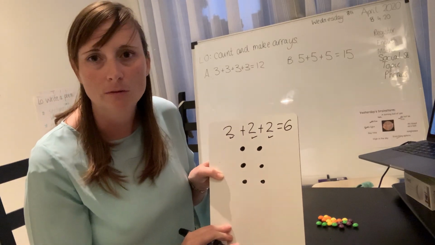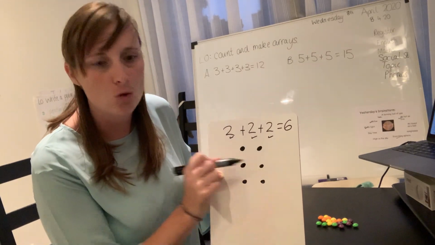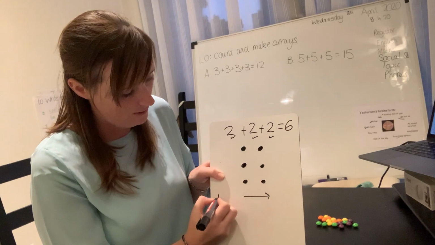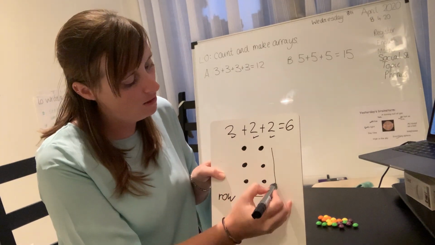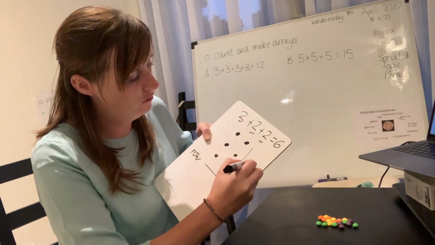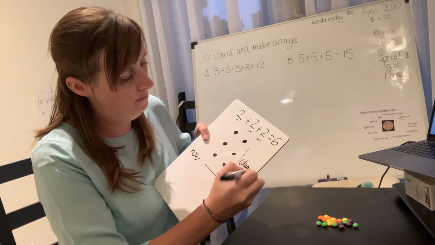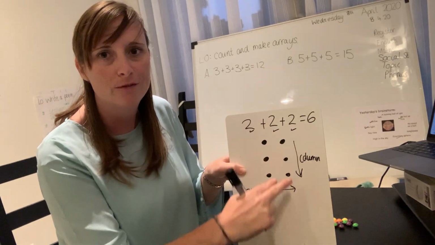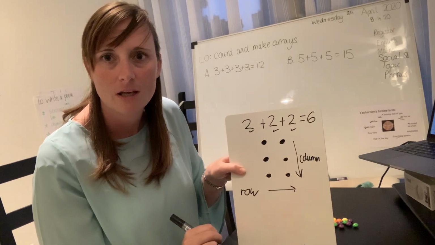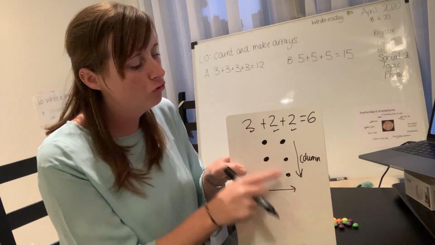Now I know I've got them all. I've drawn my rows going across. That is a row. And my columns are nice and neat going down. Column. So now I can count in 2s. 2, 4, 6. So always, if you're not too sure, you can draw them out like this.